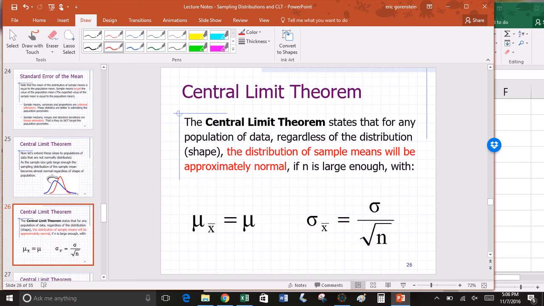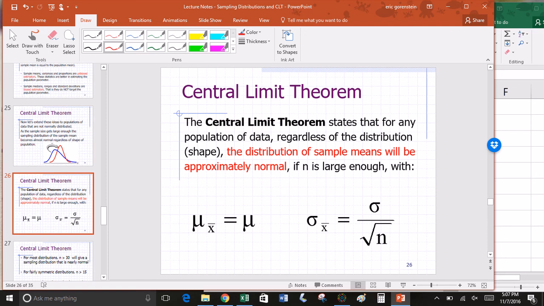The central limit theorem says, for any population of data, regardless of what that data looks like, if you resample, take a sample, find the mean, take another sample, find the mean, take a third sample, find the mean, and so on and so on, all of those sample means you take will form a normal distribution, as long as your sample size is large enough.